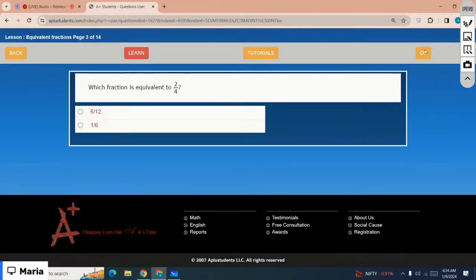Which fraction is equivalent to 2 out of 4? 1 by 6? How?